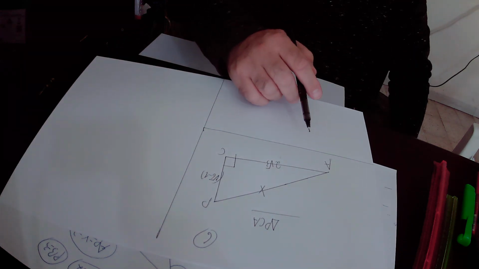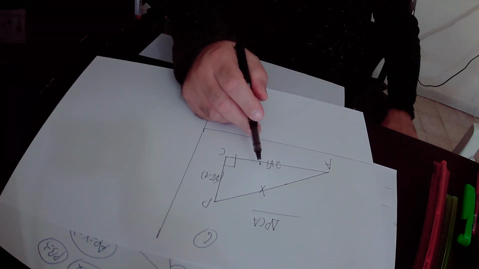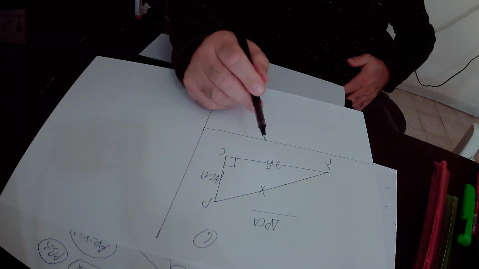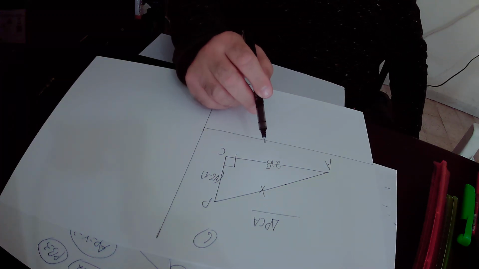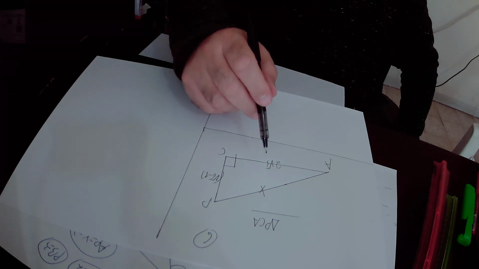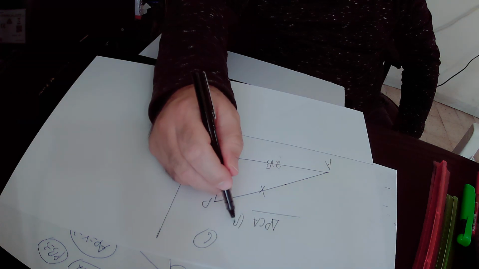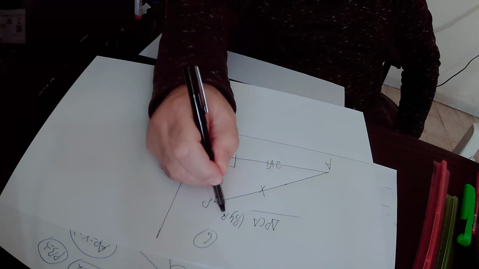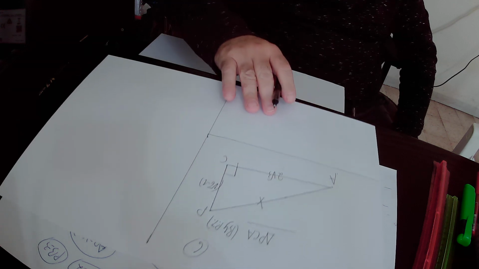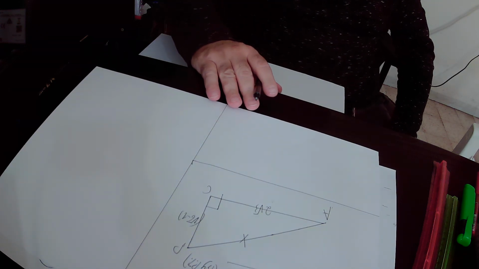And here AP equals x. This is the line segment that we are looking for. So by implementing the Pythagorean theorem, we will find out the length of x. In any right triangle, the square of the hypotenuse equals the sum of the squares of the perpendiculars.